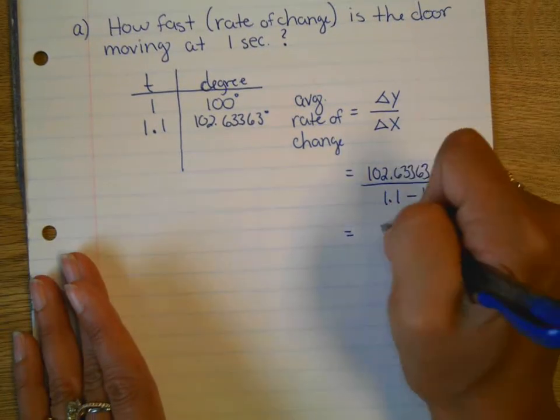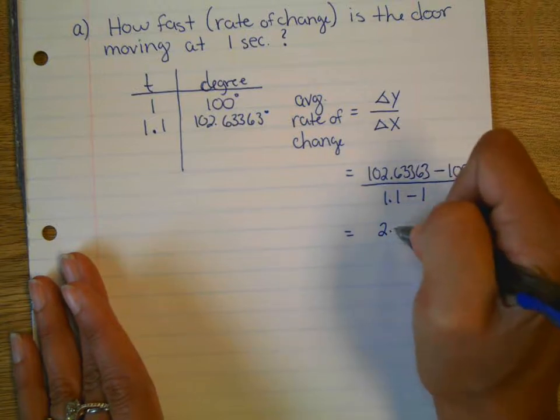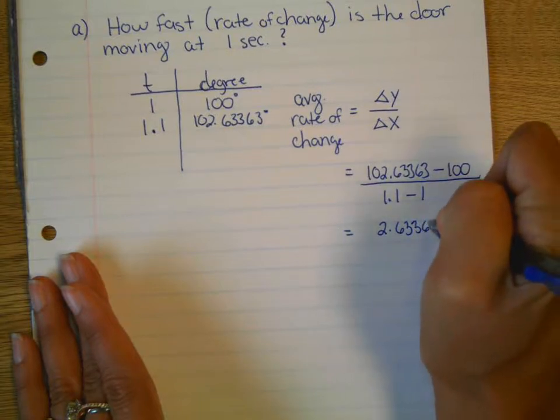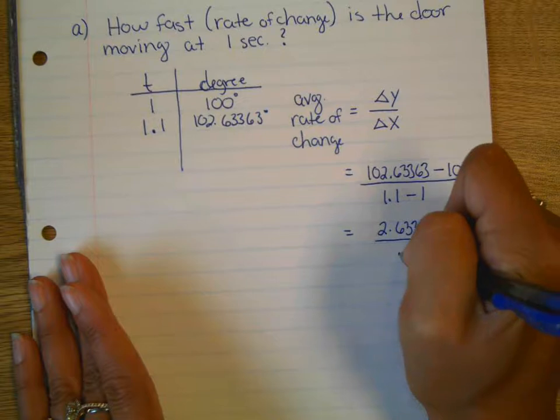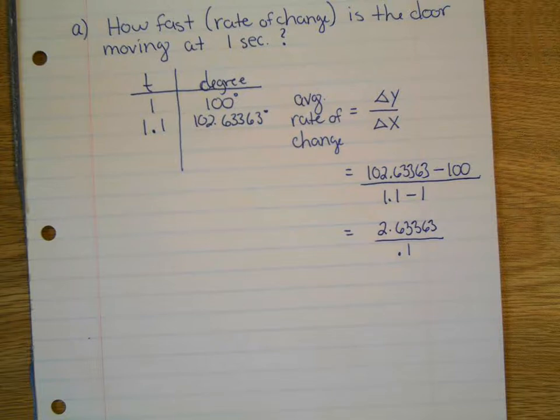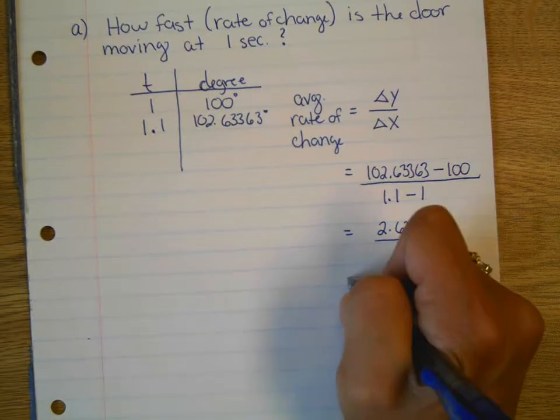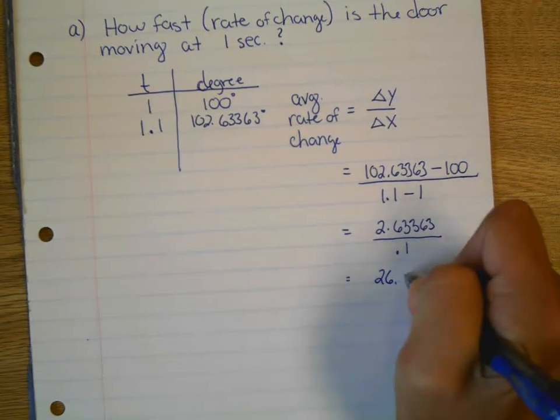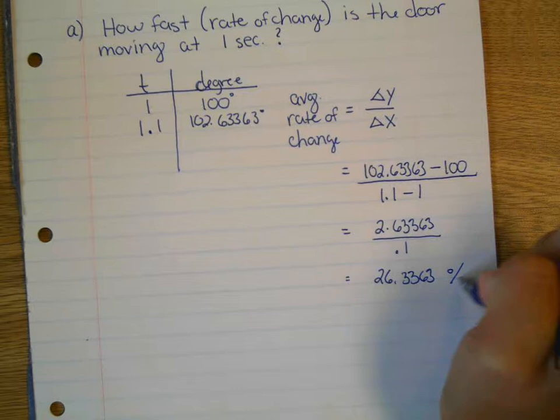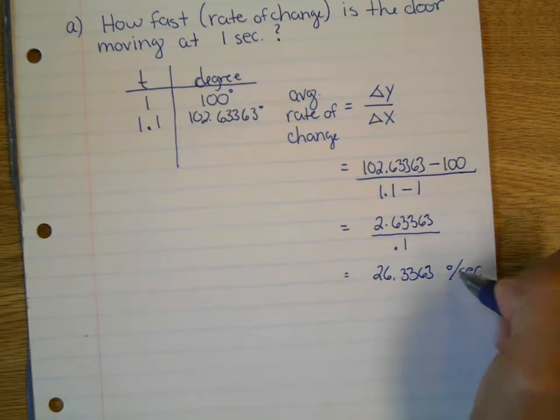So that will give me 2.63363 divided by 0.1, which will give me, moving the decimals over, 26.3363 degrees per second. You will have to label everything.